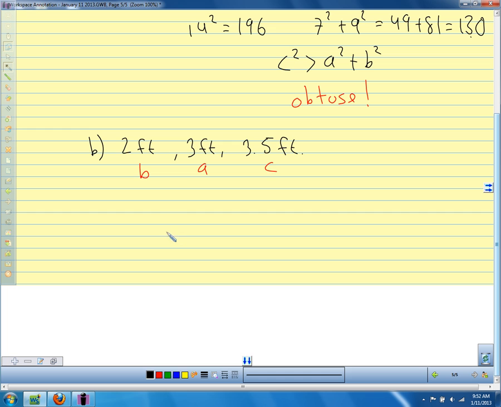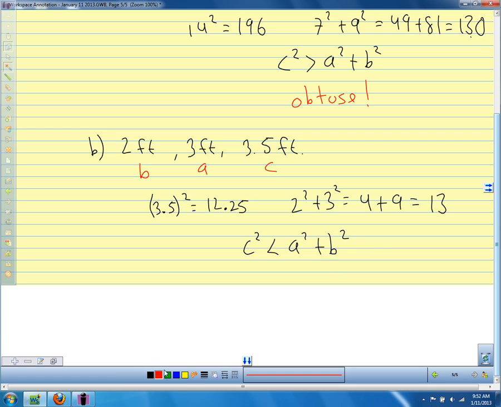So 3.5 squared is 12.25. 2 squared plus 3 squared is 4 plus 9, which is 13. So C squared is less than A squared plus B squared. What kind of triangle does that give us? This gives us an acute triangle.